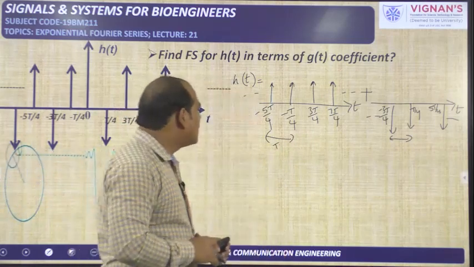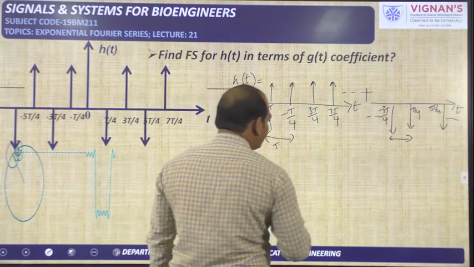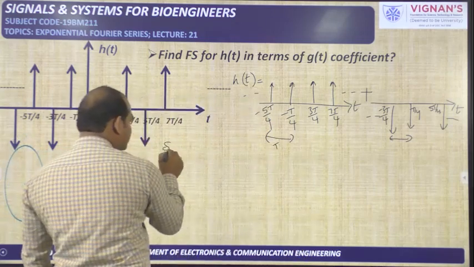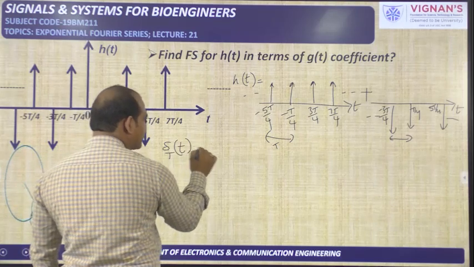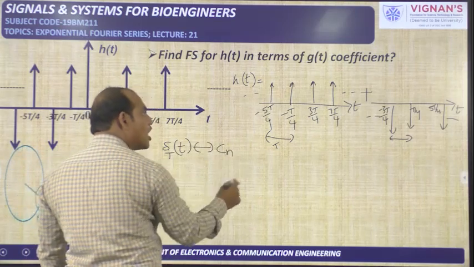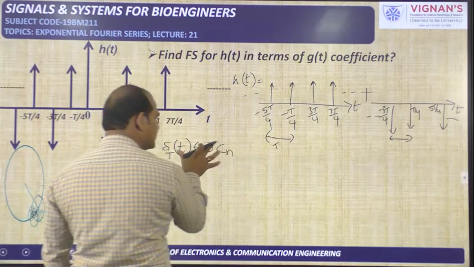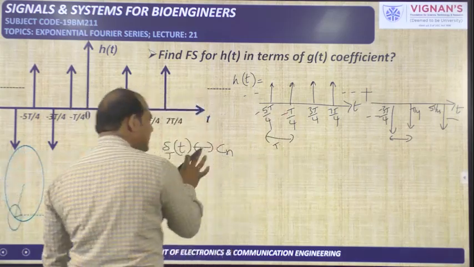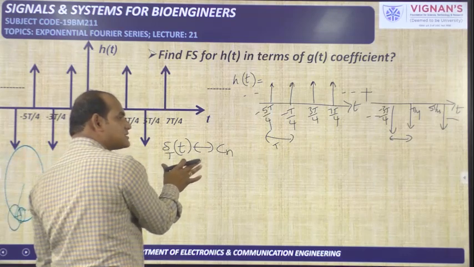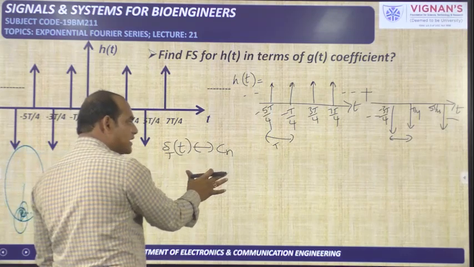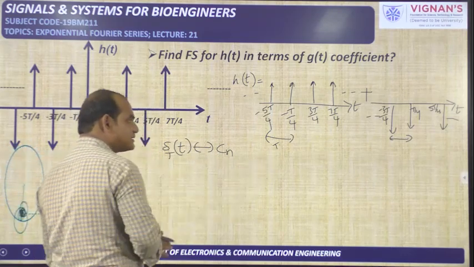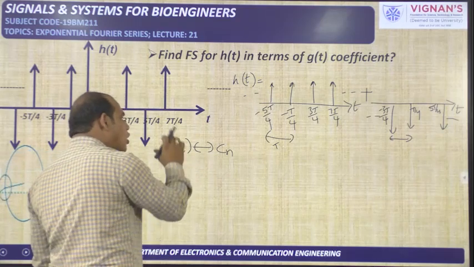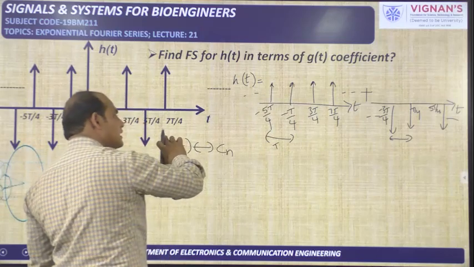Okay, so now we will take it like this. We know that for delta T of t, the Fourier series coefficient is Cn. How do we get this signal from that signal? The impulses in delta T of t are available at t equal to 0, T, 2T, 3T and so on, and on the left side minus T, minus 2T and so on.